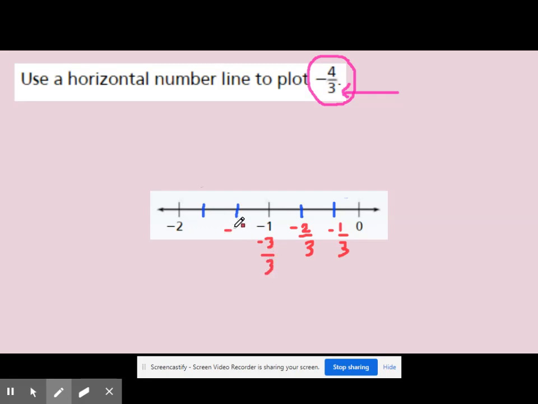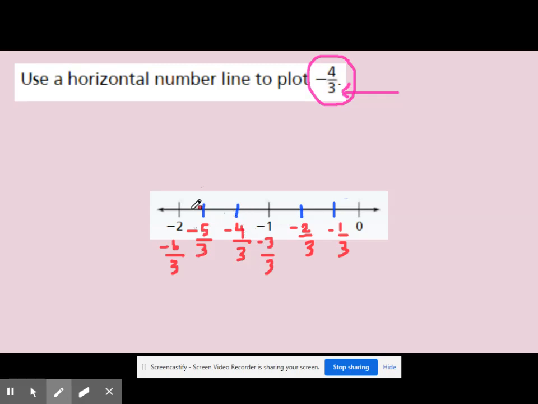This is -4/3. -5/3. And this one is -2 because it's -6/3. Okay, does that make sense? So I'm counting backwards, but this time I'm not counting whole numbers, I'm counting by thirds. Okay, I'm dealing with fractional number lines.